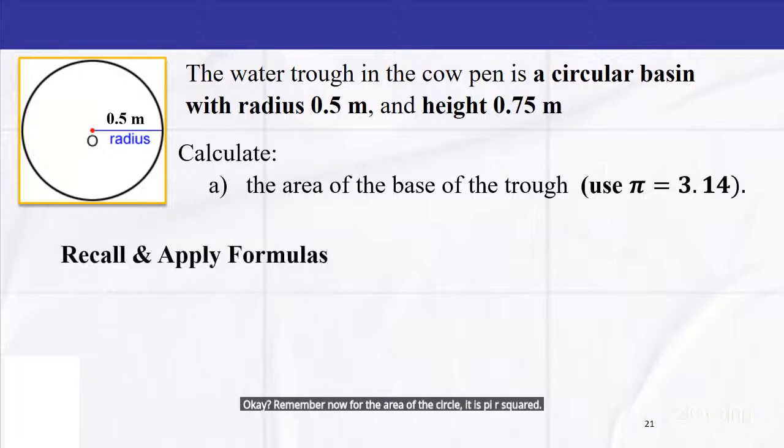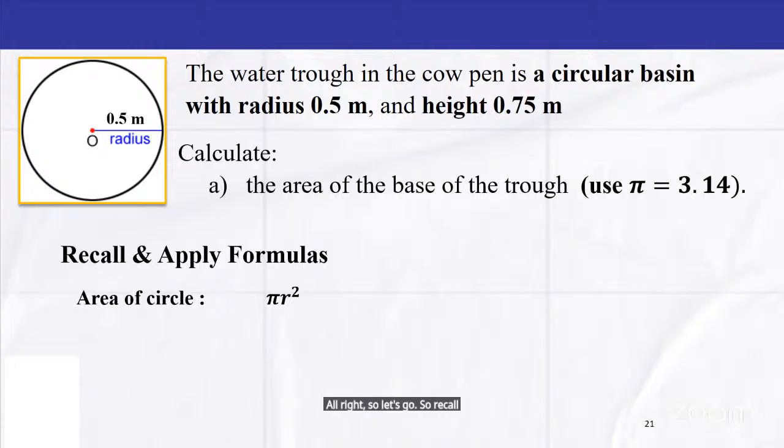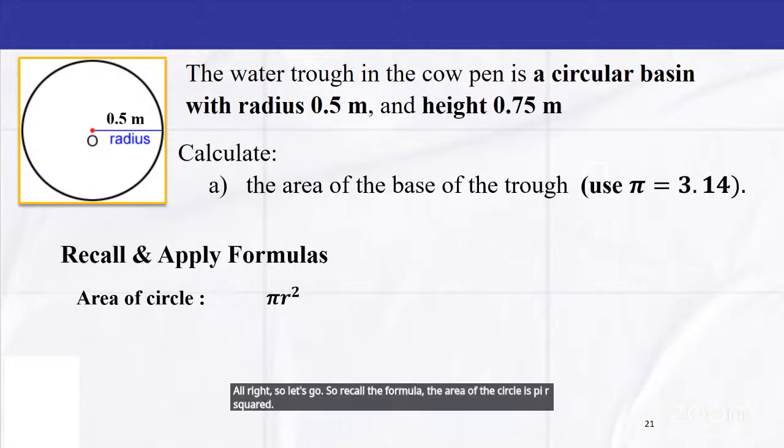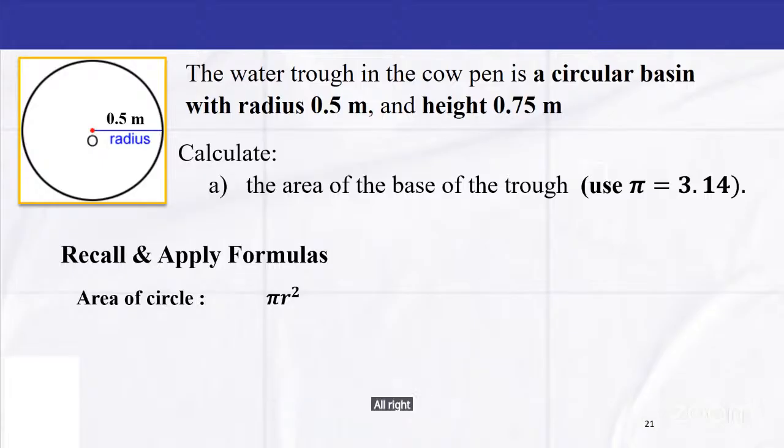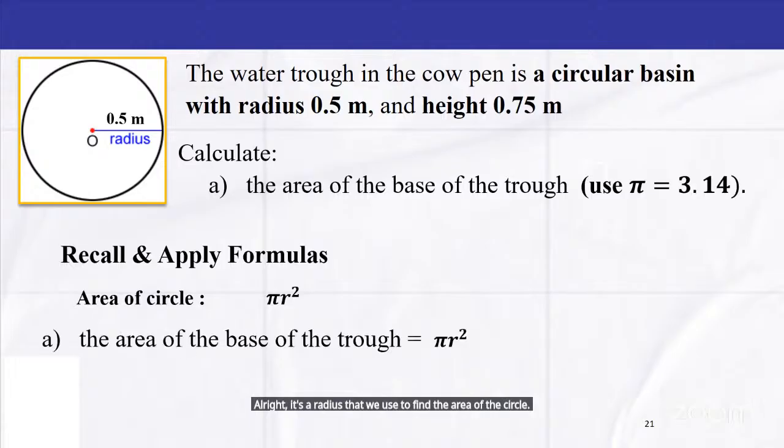All right, so let's go. So recall the formula. The area of the circle is pi r squared. All right, it's the radius that we use to find the area of the circle. So the area at the base of the trough would be pi r squared because it is a circle. So we use the formula pi times r squared.